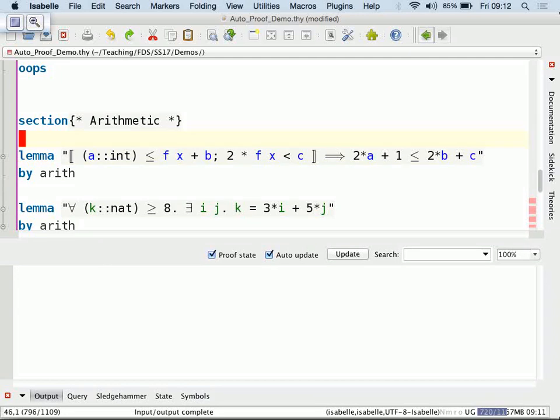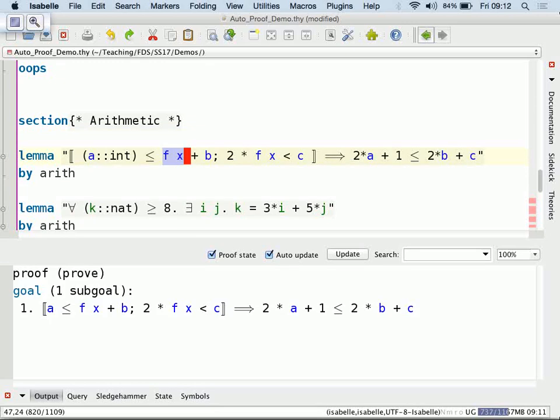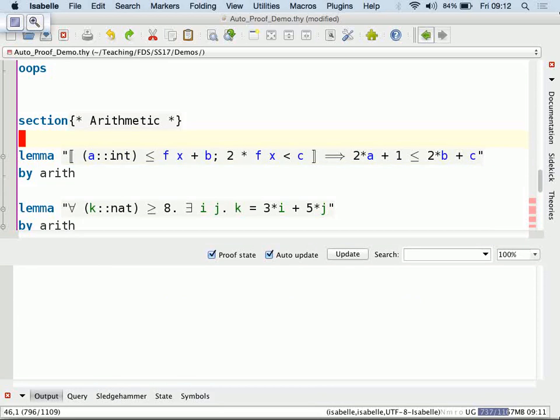And here is also an example where, if you're lucky, it can also deal with some unknown function symbol like this f here. Since it could prove this, it's completely irrelevant what f really is. And why is this? How do we get from the premises to the conclusion? How would you do it by hand?